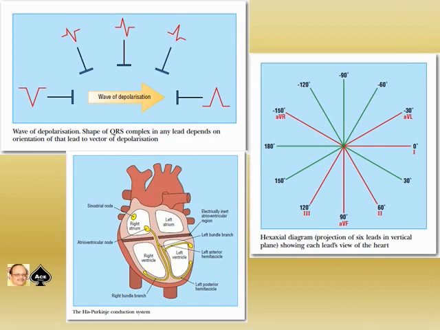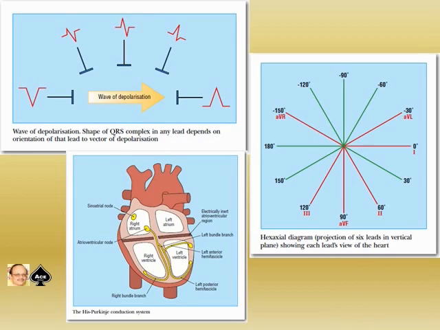That's a positive wave. Whereas on the left side, you can see it is fully negative. In between there are 3 more leads shown where there is biphasic deflection. So depending on the wave you see, you have to imagine the wave of depolarization as shown by the arrow.